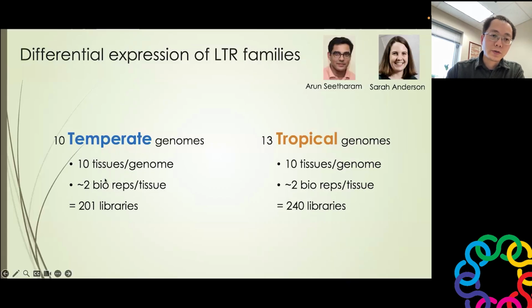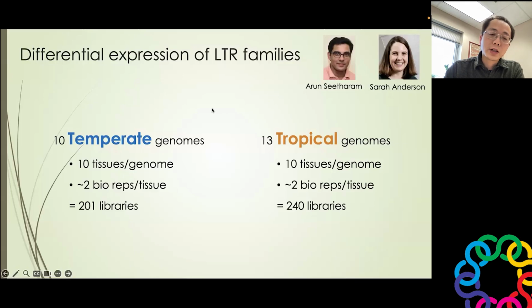Each tissue has biological replications, and each genome was sequenced at the same level of depth. So we have hundreds of libraries, but these are all Illumina, so that gives us a technical challenge, because short reads aligning to repeats is basically challenging or not possible in many locations.